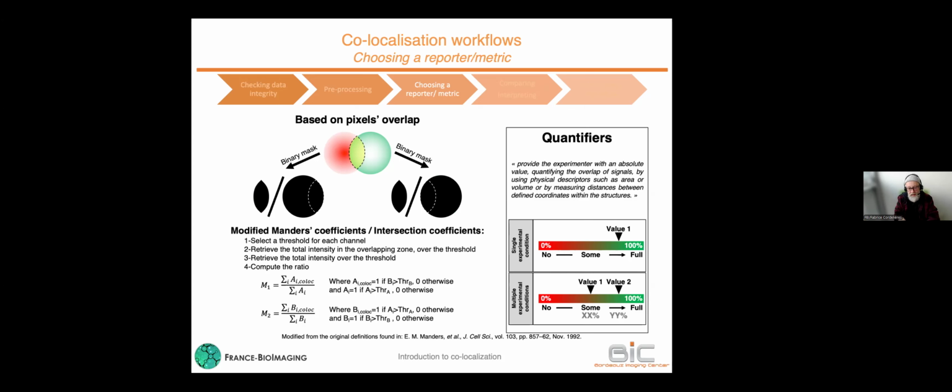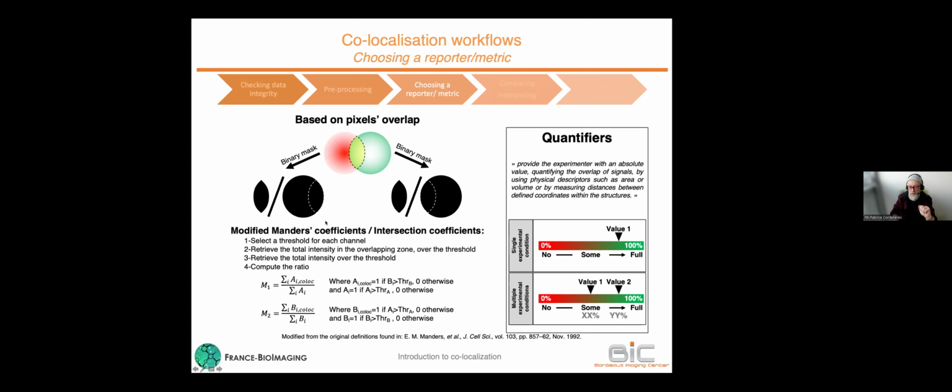Later on, two additional Manders coefficients were published, called thresholded Manders coefficients or modified Manders coefficients, where instead of looking at the intensity involved in the process of colocalization, you look at the area of signal that is involved.